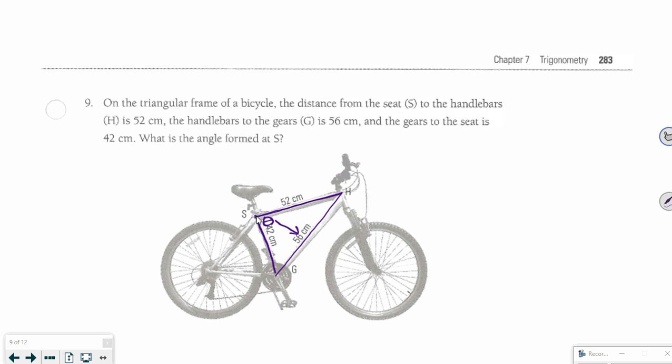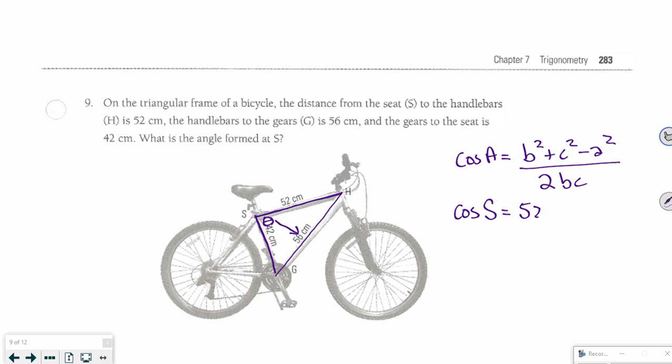We're using our cosine law to solve for an angle, so cos of our angle equals b squared plus c squared minus a squared over 2bc. So cos of angle S equals the other two sides, so 52 squared plus 42 squared minus the important one, the one across from it, the 56 squared, divided by 2 times 52 times 42.